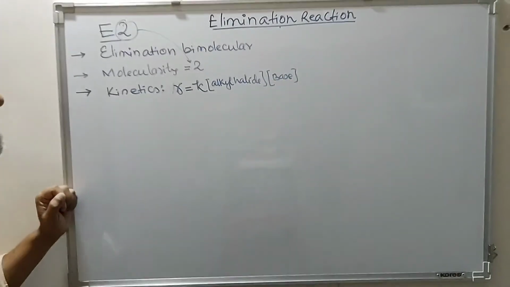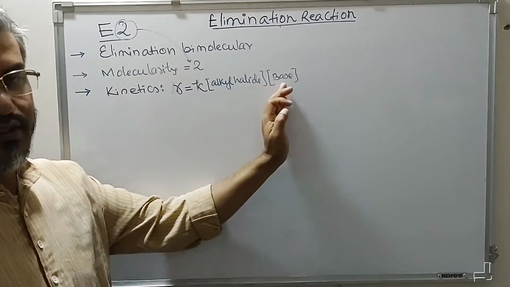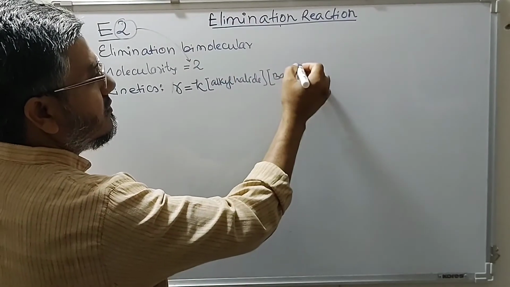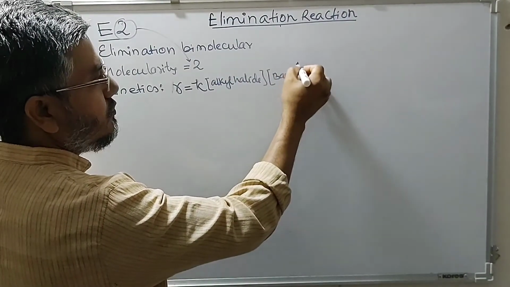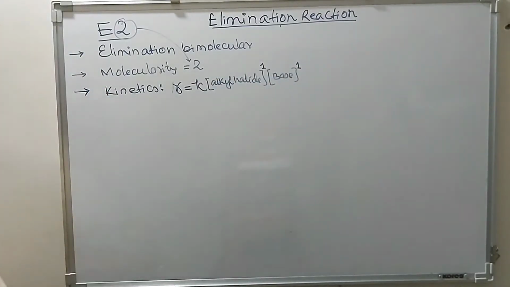So if you look at this, the rate of reaction is directly proportional to the concentration of base, and the rate is first order with respect to base as well as first order with respect to alkyl halide.